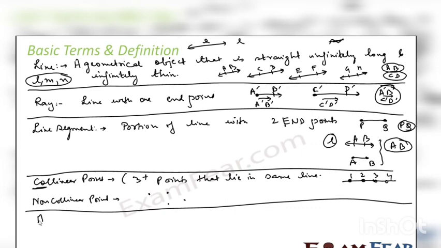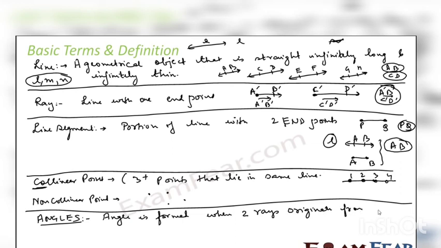Then we have angles. I'm just trying to give definitions of some basic terms. An angle is formed when two rays originate from the same point. Let me write here for you. Angle is formed when two rays originate from the same end point.